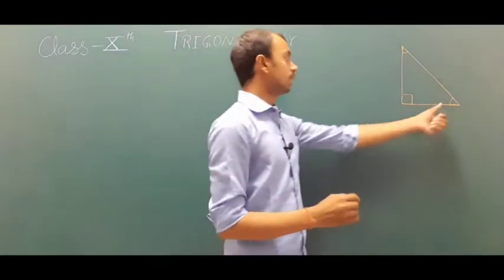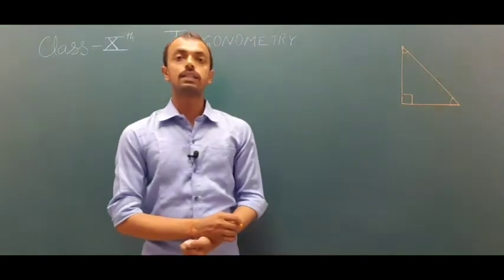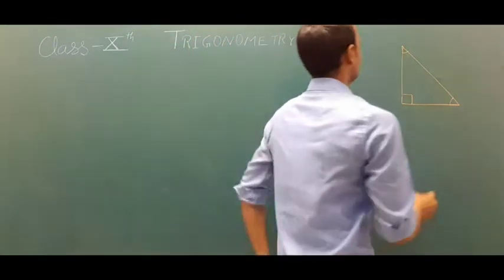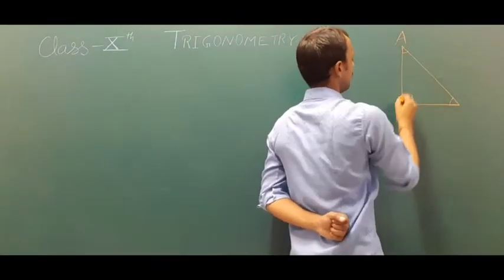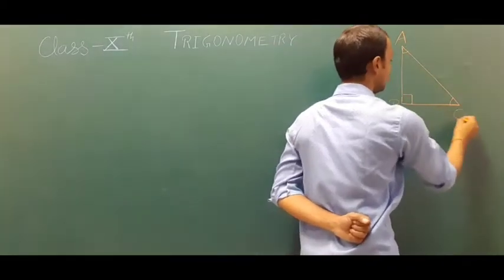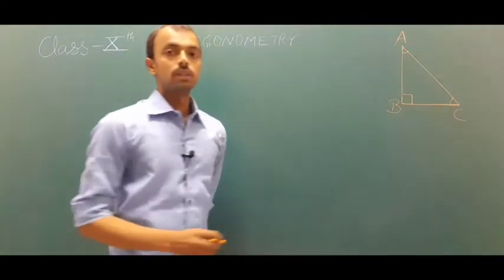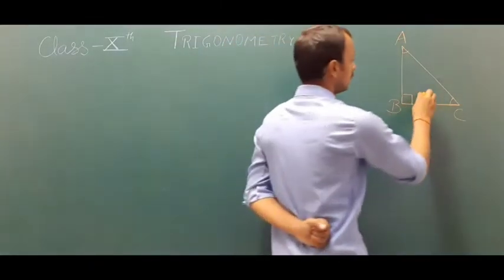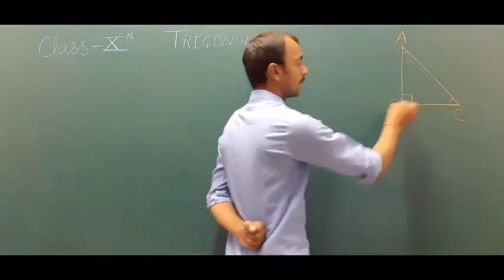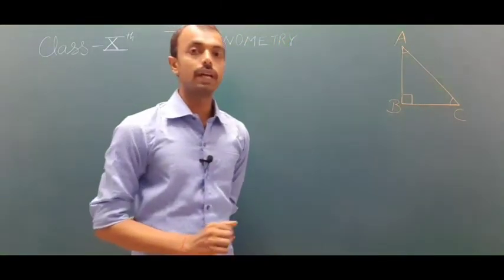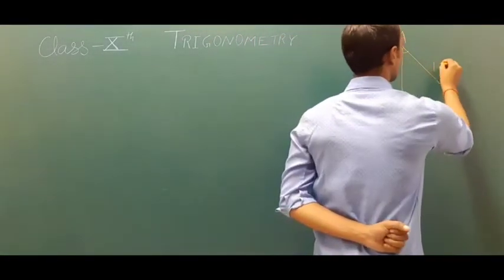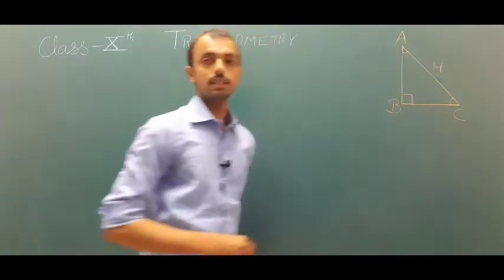Now give them the names A, B and C. You all know that the side opposite the right angle is always called the hypotenuse. Let's denote it by H.